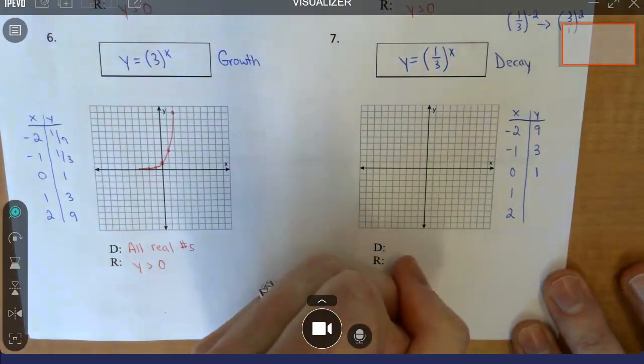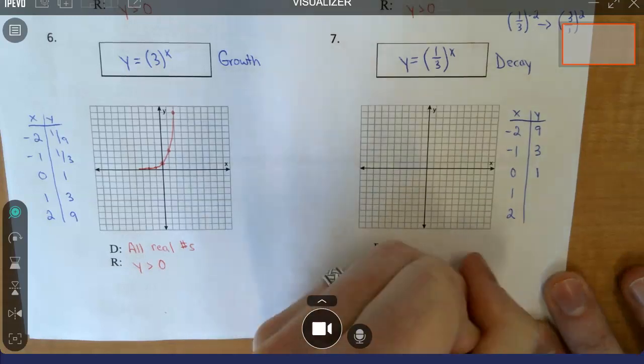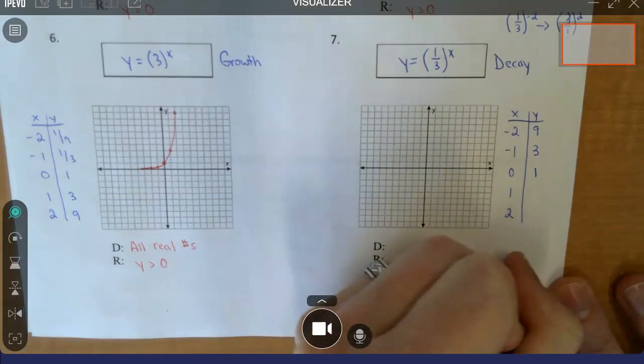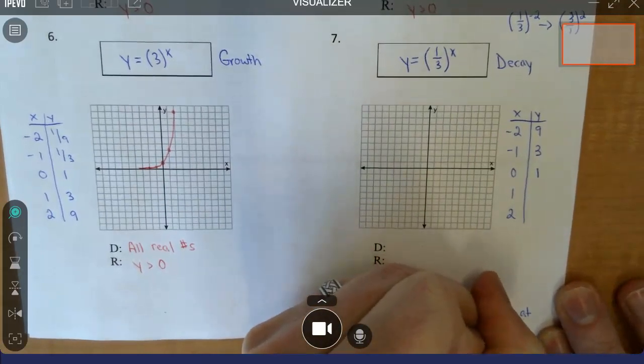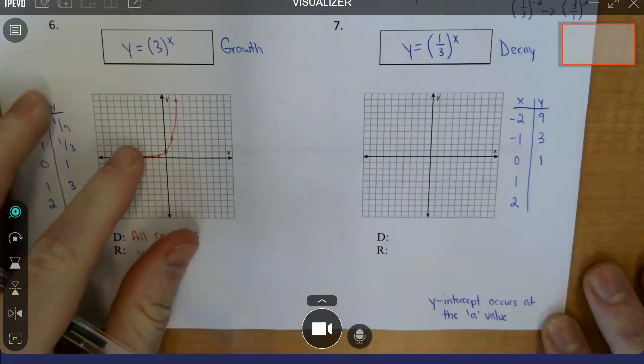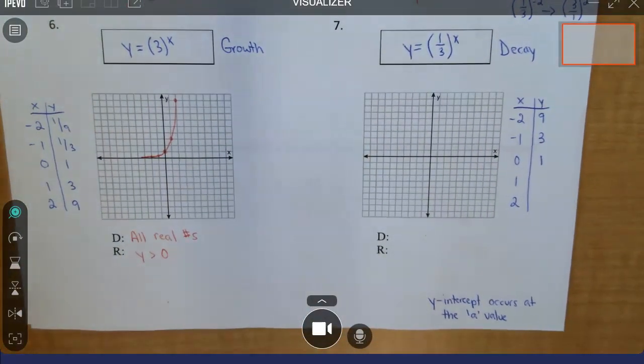So go ahead and write that note down here. The y-intercept occurs at the a value. So in all these graphs so far, our a value was the number in front of the base, which was just 1 on all of these.